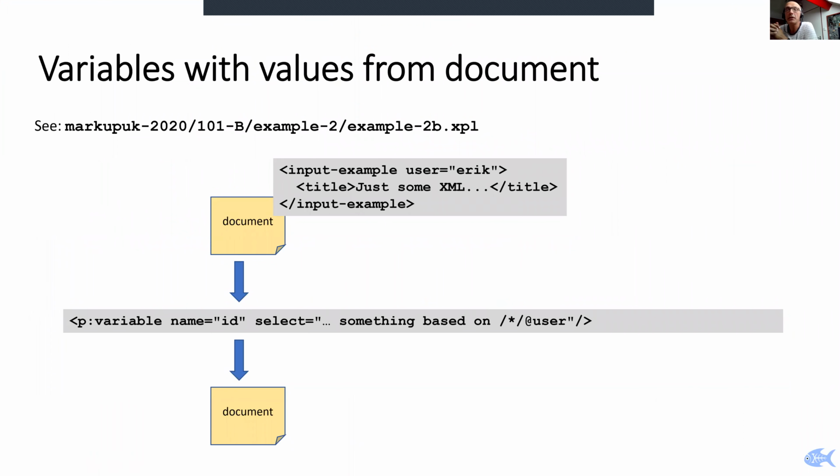Another thing you can do is you can fill variables with values coming from the document that is flowing through. For instance, I have a document flowing through with a user attribute. The user is called Eric, and that's me. And instead of using an option, I want to read the value of this attribute and use it to provide a value for my variable.